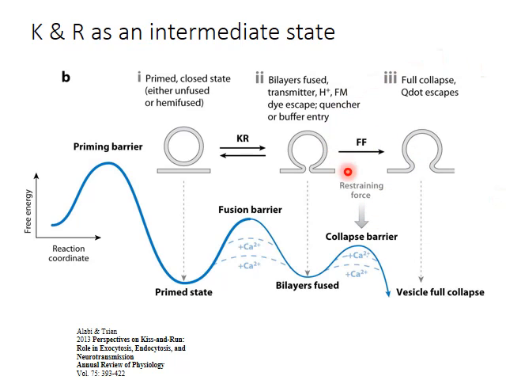And this indeed might be the case because we see more kiss and run, and certainly flickering, that happens before the full collapse and fusion event. So one doesn't necessarily need to think of this as an either-or kind of mechanism, but one that is sequential in one way or another and governed by the same physical-chemical laws that govern all of the biological phenomena that we've been considering.